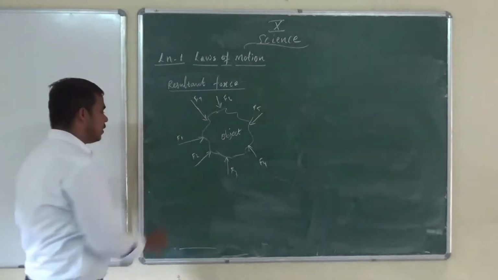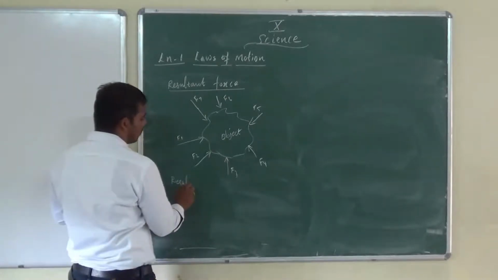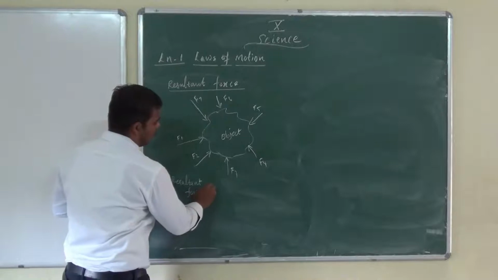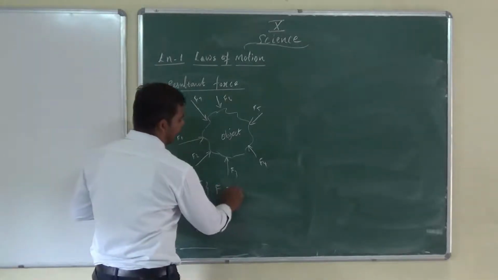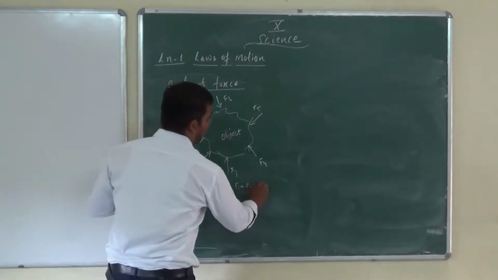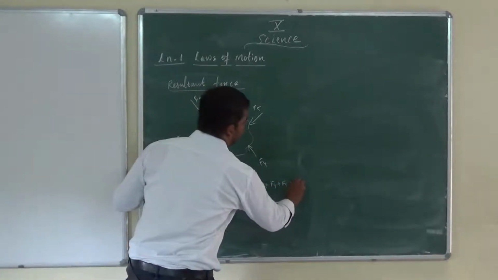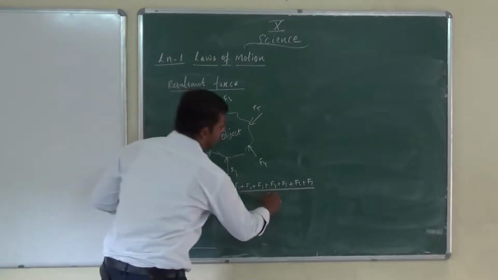What does the resultant mean? The force, represented by capital F, is equal to F1 plus F2 plus F3 plus F4 plus F5 plus F6 plus F7.